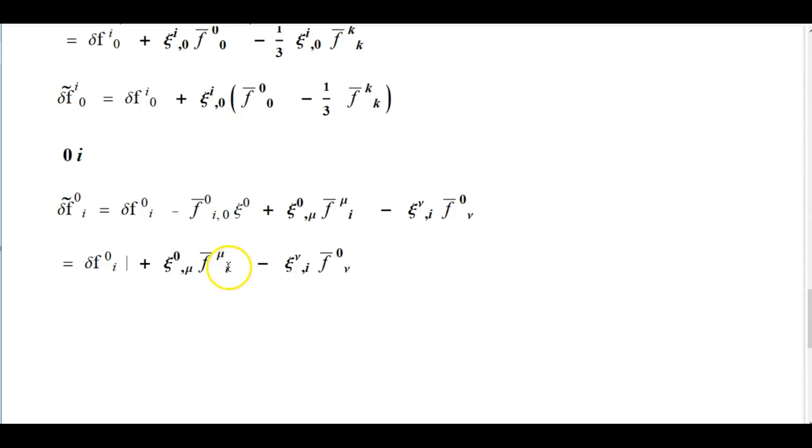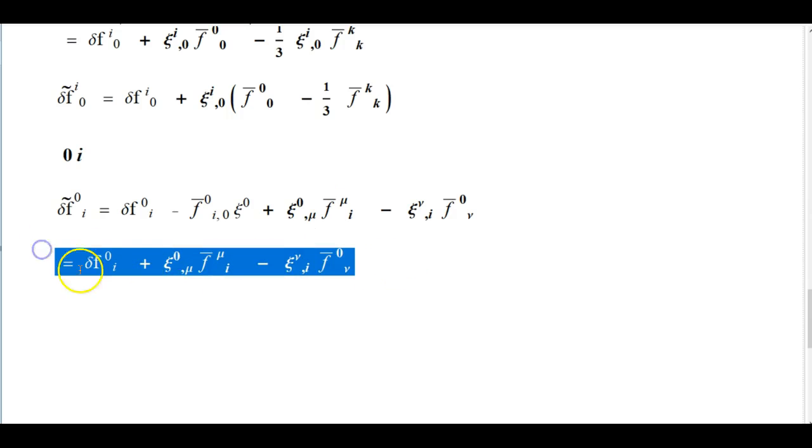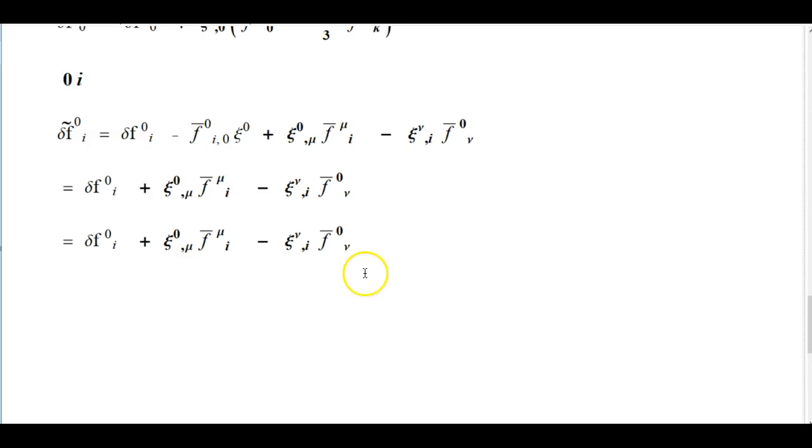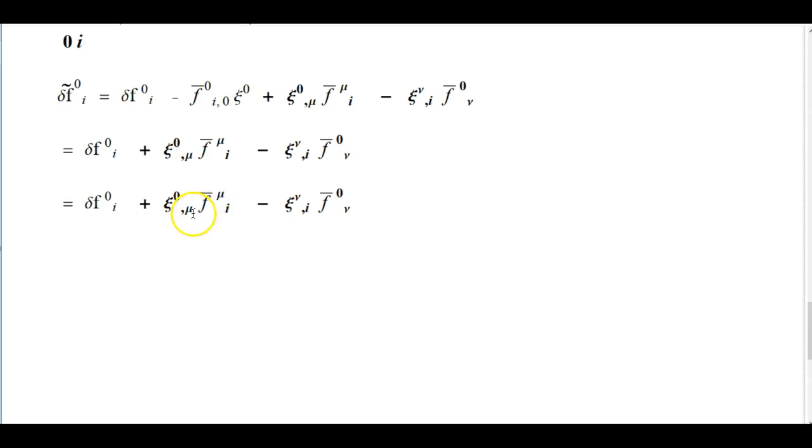Now here, let's look at the second term simplification. If we contract on mu, the 0i component will vanish, only the j component will survive.